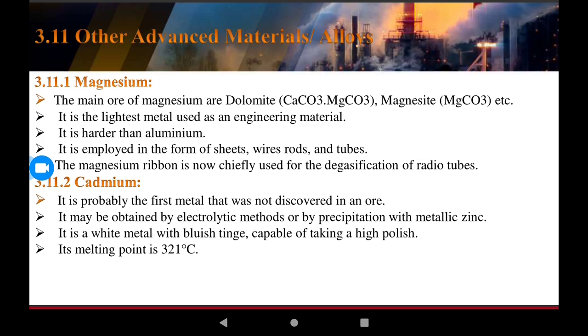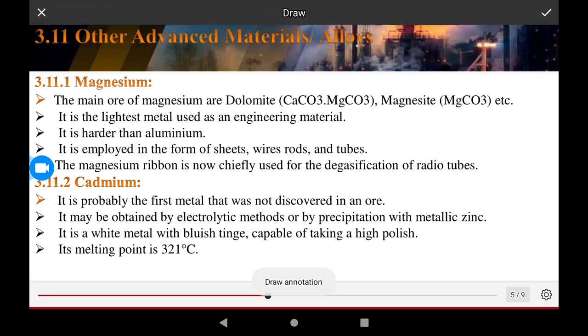Other advanced materials and alloys. Magnesium is a very advanced material. The main ores of magnesium are dolomite, CaCO3 into MgCO3, and magnesite, MgCO3.